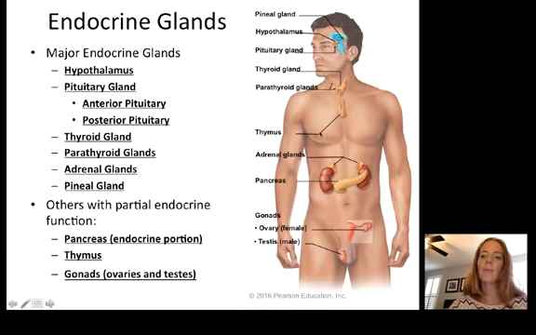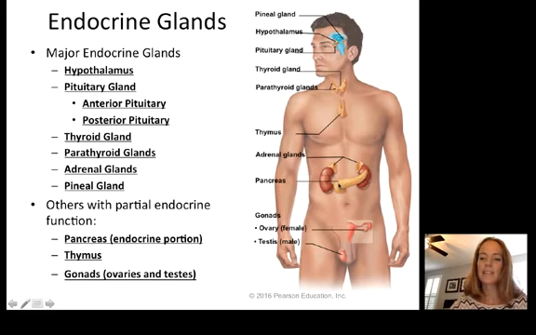And then we get to the peripheral endocrine organs. We have the thyroid gland located here in the neck region, and the tiny parathyroid glands on the back of the thyroid. We have the thymus gland that is not visible in adults but will be visible in babies and small children. The adrenal glands sit on top of the kidneys.